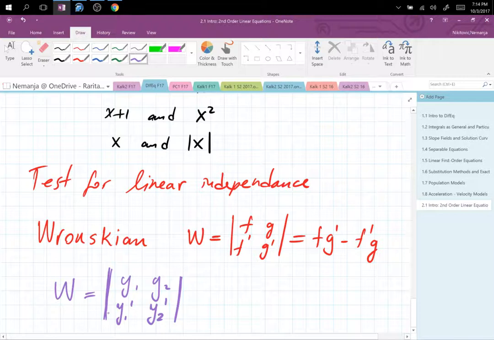So you have y1 y2 prime minus y1 prime y2.